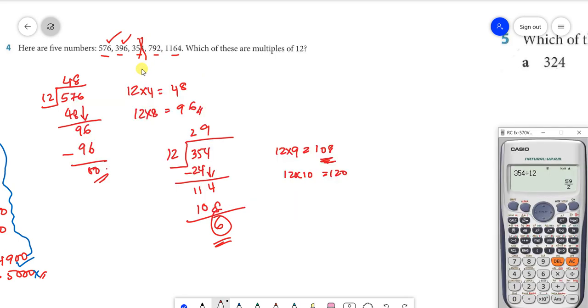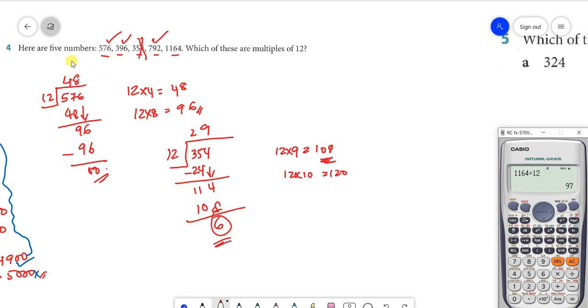Similarly, let's check with 792. 792 divided by 12. Yes, it is divisible, hence this is also a multiple of 12. So 1164, let's check with 1164 divided by 12. Yes.